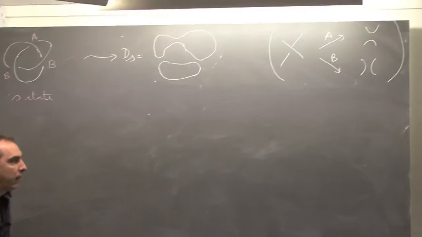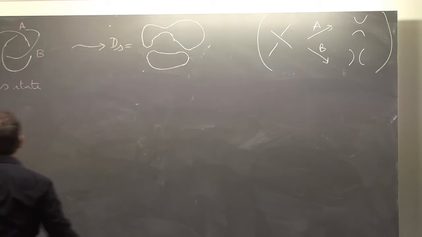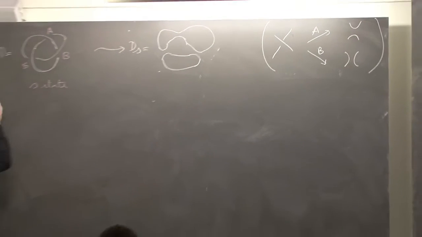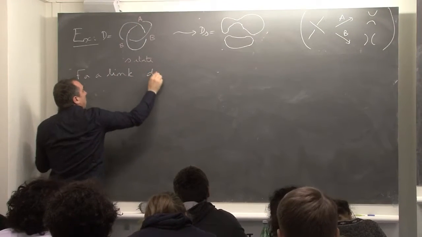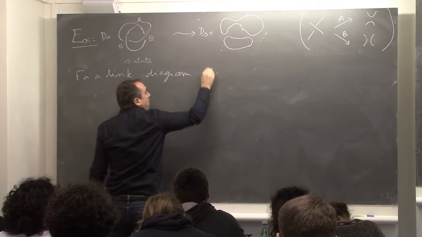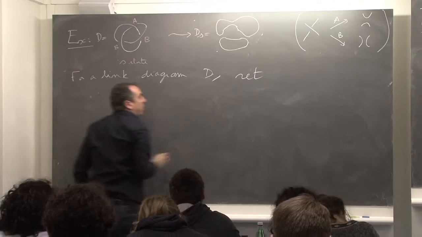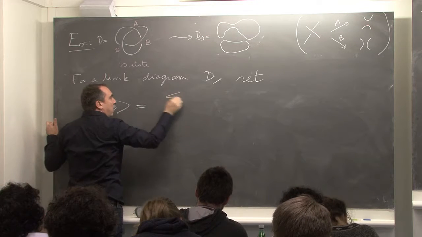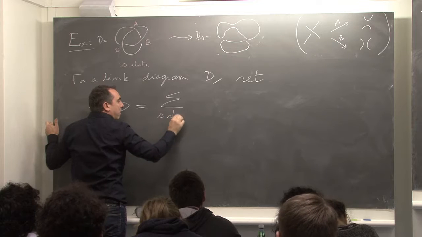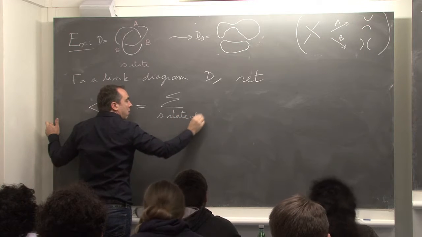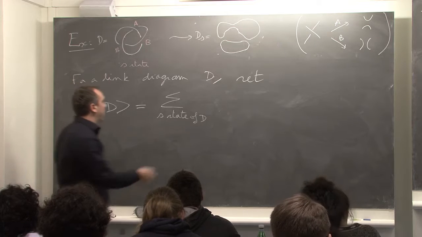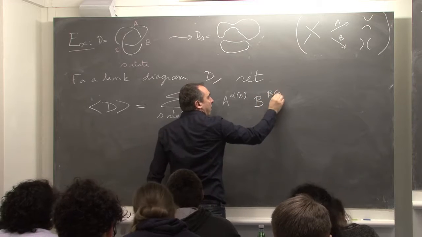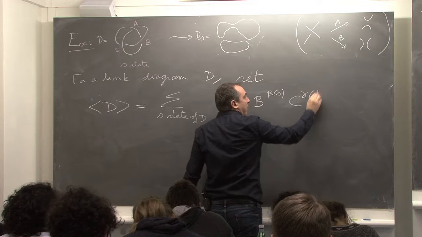Okay, so now we define, for a link diagram D, the following. It is a sum over the states of the diagram of the following: a to the alpha S, b to the beta S, c to the gamma S minus 1.